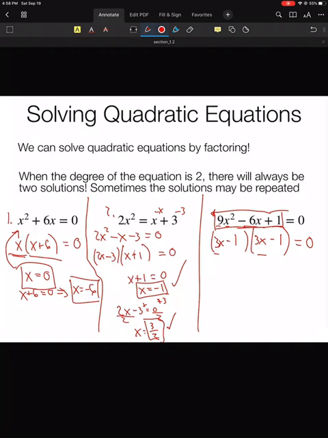Now that's a little trickier to think about. You likely won't see anything this tricky on an exam, okay? But this is a special example because you'll see, and actually you could go back and look at the special factoring rules and see something like this there. But now we have 3x minus 1 times 3x minus 1, and so that's the same.